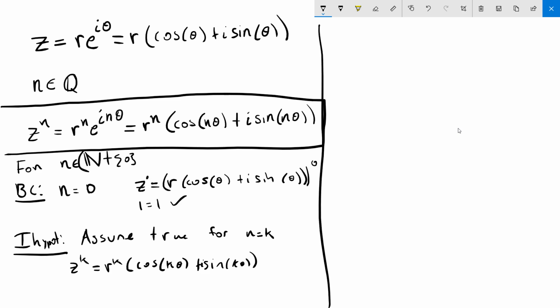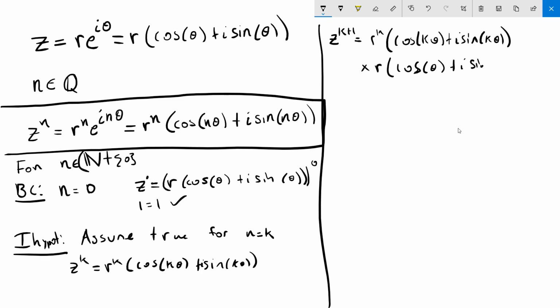So what is the k plus 1 case? Well, z to the power of k plus 1 is equal to r to the k times cosine k theta plus i sine of k theta, times r times cosine theta plus i sine of theta, because we can separate this as z to the k times z.